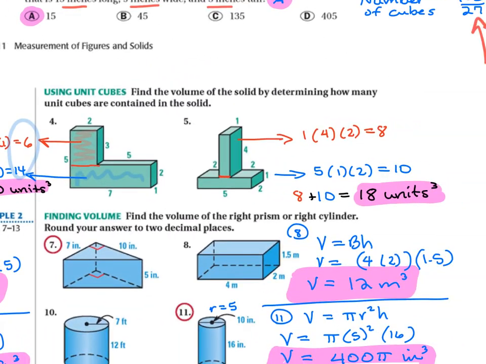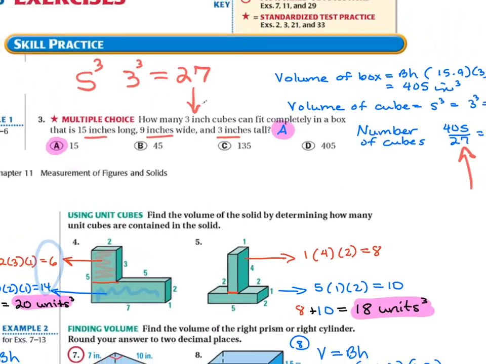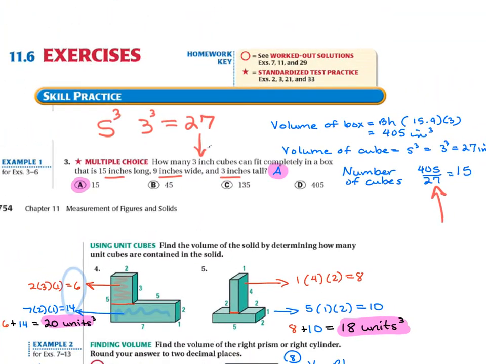Miss Corey? Yes. Can we go back to number 3? I'm still confused. Okay. Hold on here for a second. Okay. Why did you divide by 27?